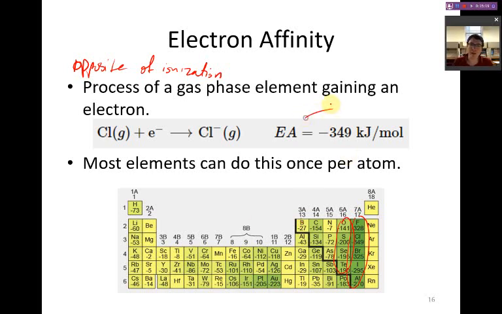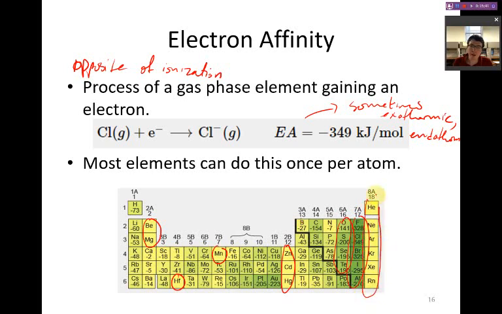Electron affinity is sometimes exothermic, and sometimes endothermic. Here on this plot, there are no values that indicate when it's endothermic.